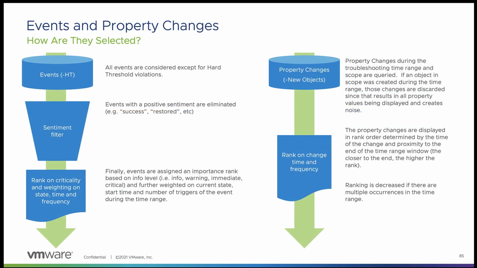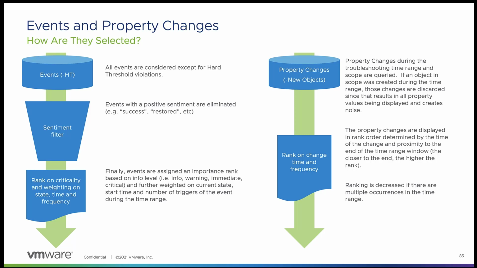So let's take a look at the first two. Let's dive a little deeper into that. The first two parts being events and property changes. So we're going to take our events, and we're going to subtract out again those hard threshold violations. We're only looking at dynamic threshold violations here. And then we're going to take out anything that has a positive sentiment attached to it. So anything that's success or restored, those are going to be taken out, so we're not going to look at those, even if it does technically breach any sort of dynamic threshold.